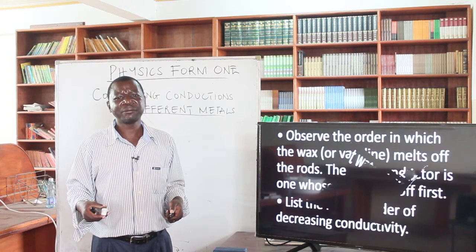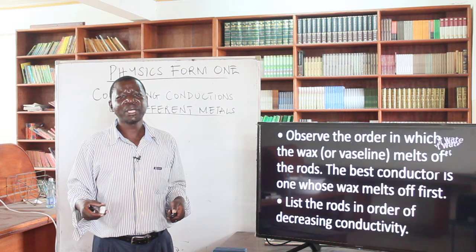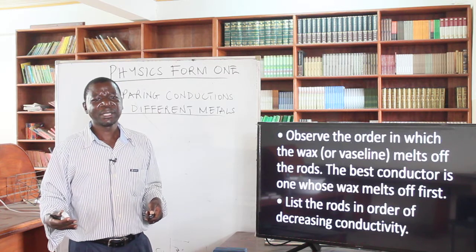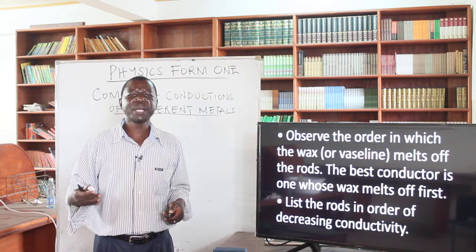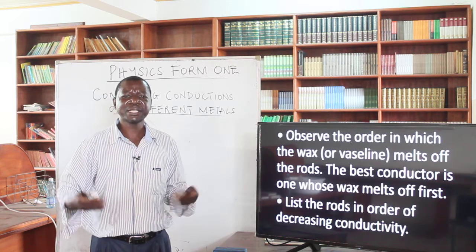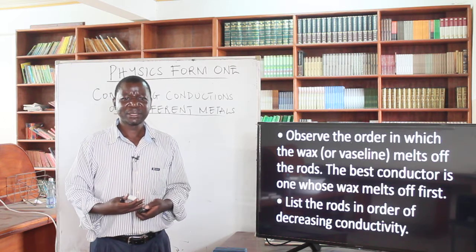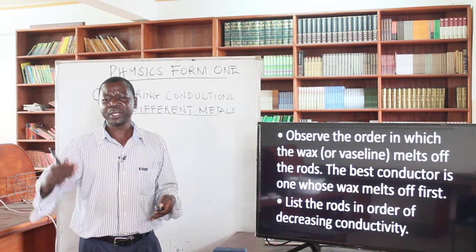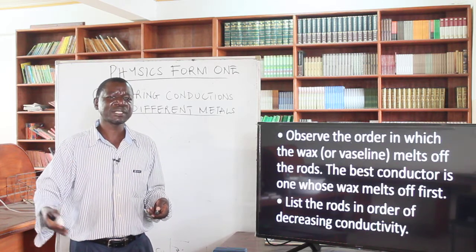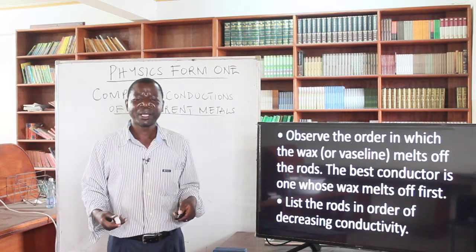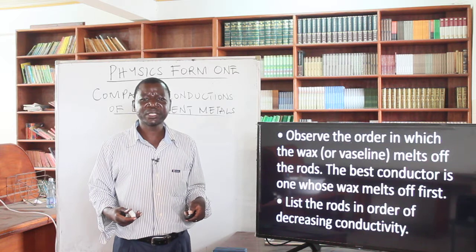So then we observe what will happen on the wax. The rod whose wax melts earlier than the others conducts heat faster. So we list the rods, starting with the one that conducts heat faster to the one that conducts heat at the lowest rate.